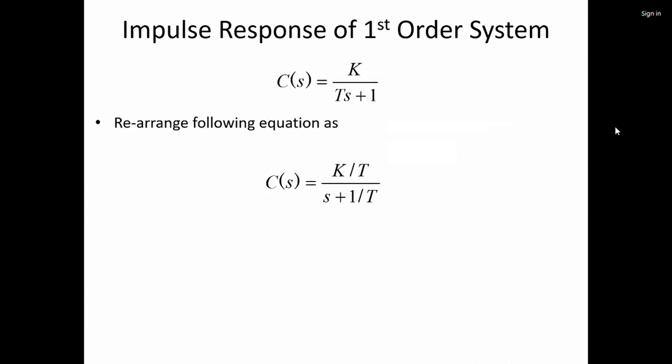If you rearrange this slightly, taking T common from the denominator, so that you can convert from the frequency domain to the time domain, you have K by T in the numerator, and in the denominator you have s plus 1 by T.